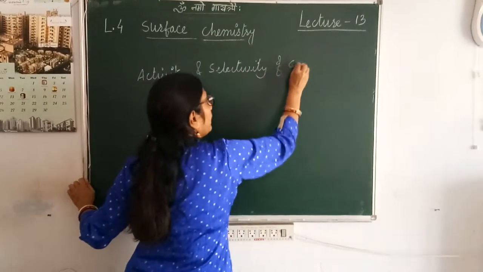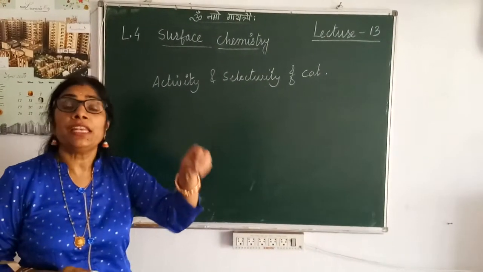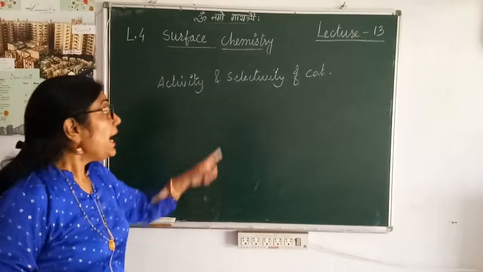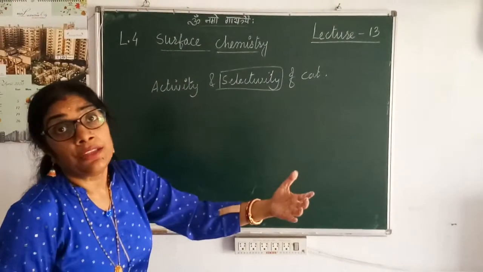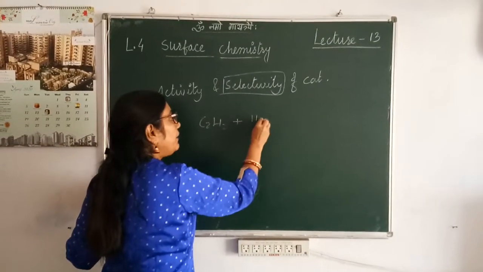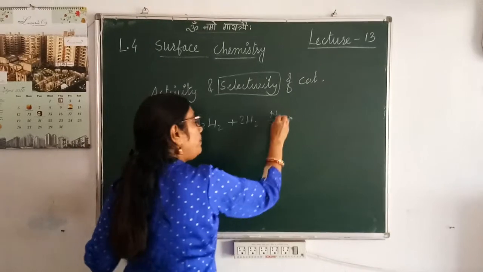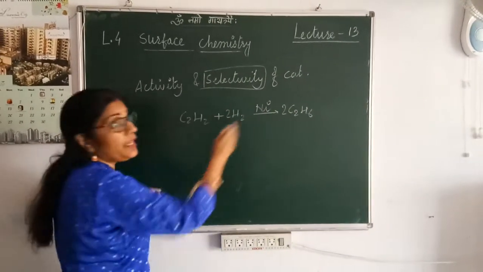Activity of catalyst means its ability to adsorb, especially during chemisorption, and selectivity, as the name itself suggests, means specificity. Just see an example. When alkynes like ethyne are hydrogenated in the presence of nickel, then we get ethane, directly the alkane.